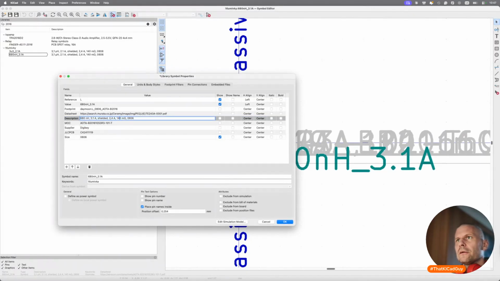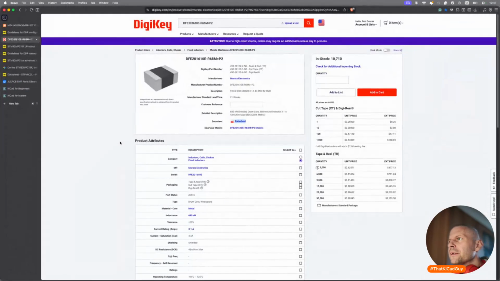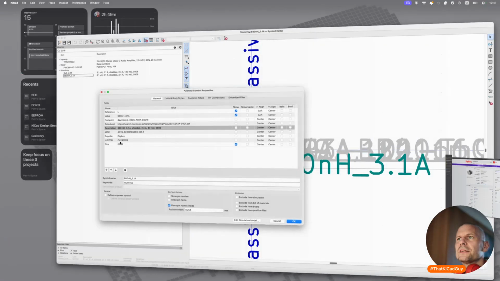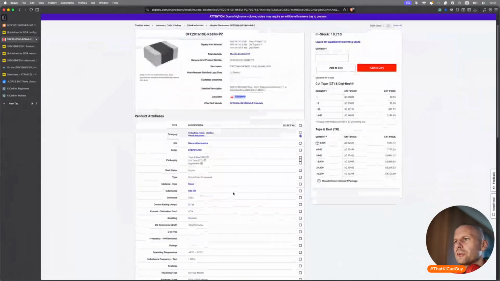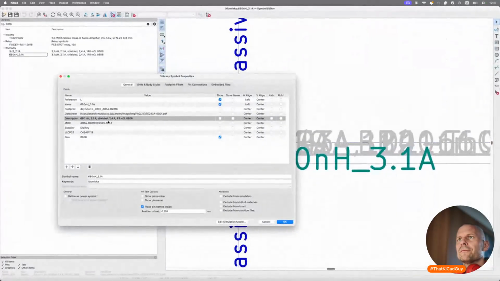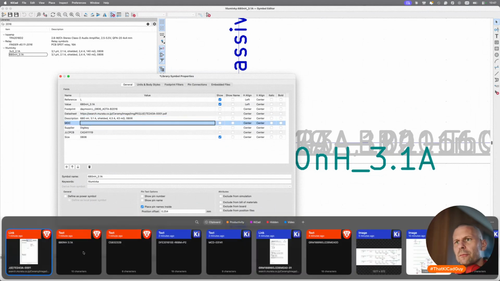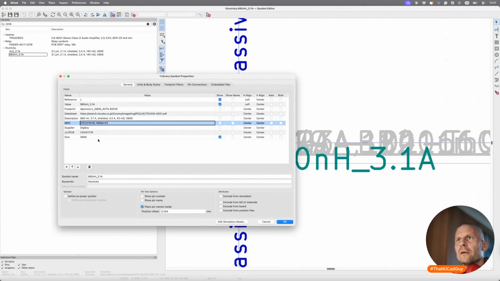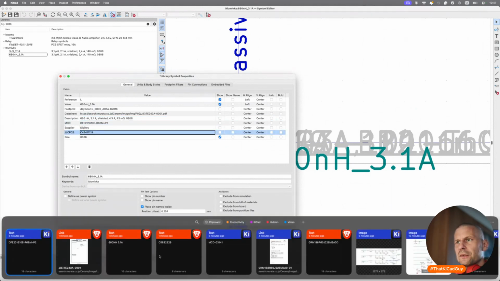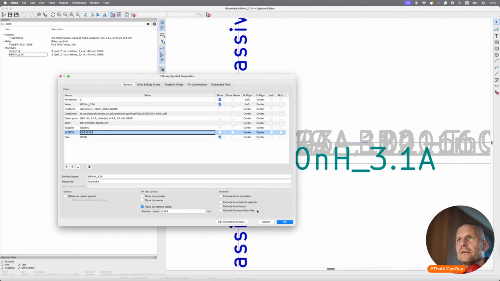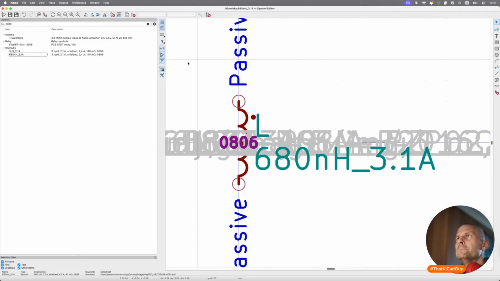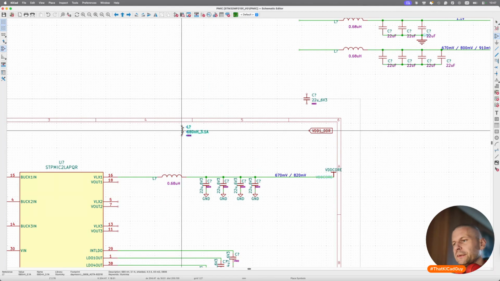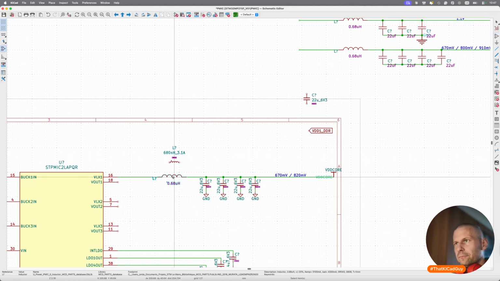43 milliohm, and they say, what's the saturation current? 4.3. 1.3. Okay, here is the part number. This is the JLC code, and we are done. Okay, this is our lovely inductor.